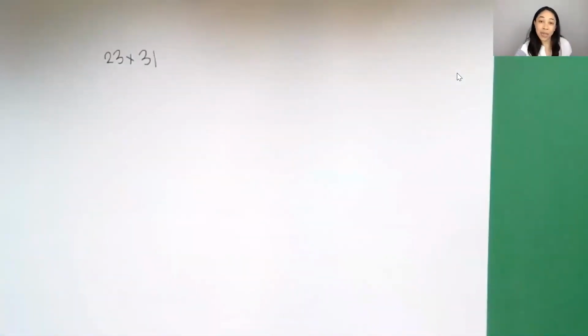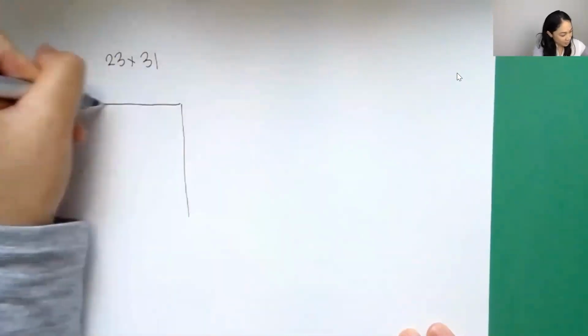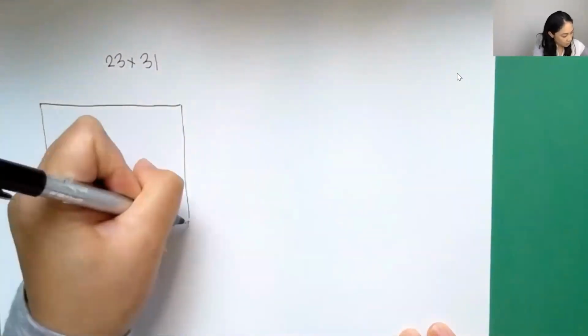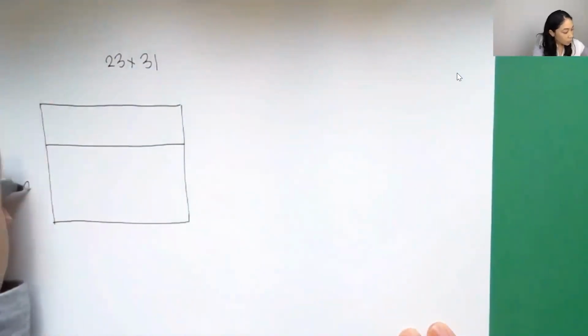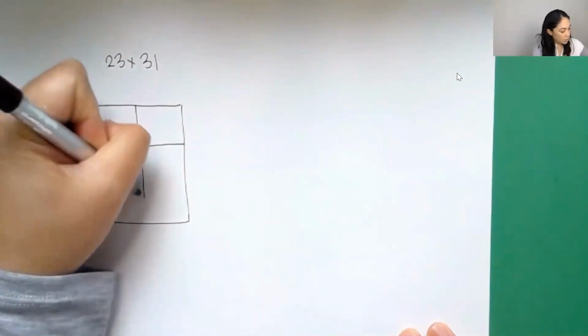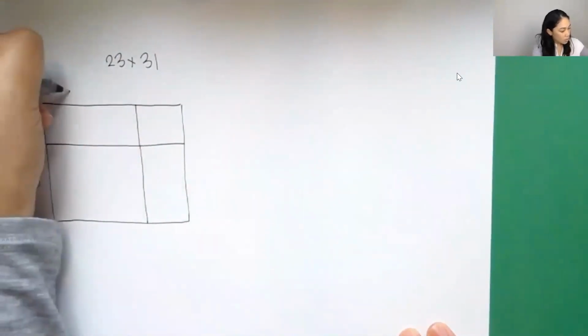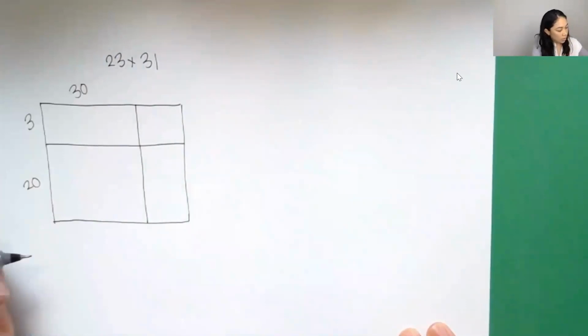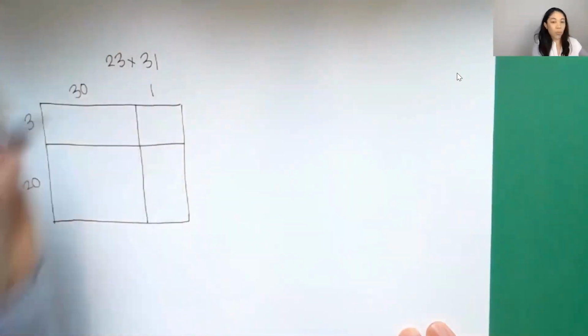Let's solve 23 times 31 using the area model to determine the product.